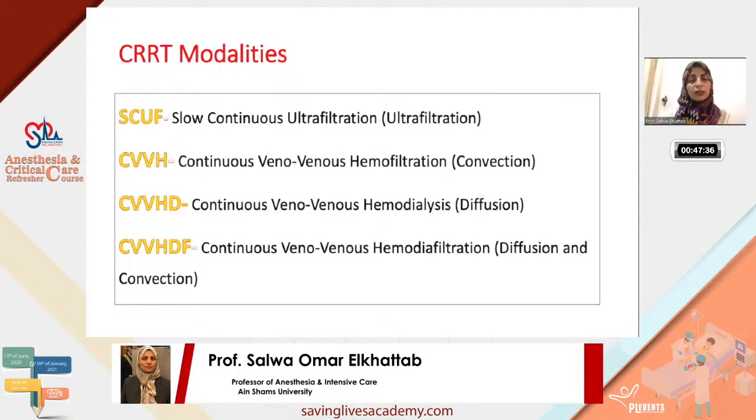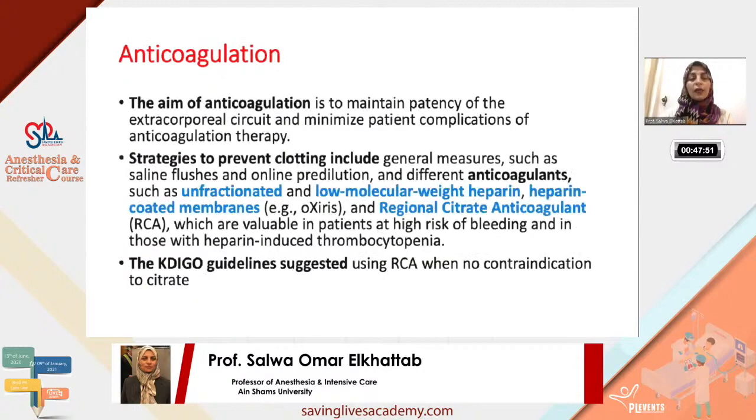These are the modalities: slow continuous ultrafiltration, continuous veno-venous hemofiltration, continuous veno-venous hemodialysis, or continuous veno-venous hemodiafiltration, which is the most commonly used modality. Anticoagulation is used to avoid clotting of the blood while passing through the dialyzer or the membrane, which will shorten the membrane life and lead to loss of blood.